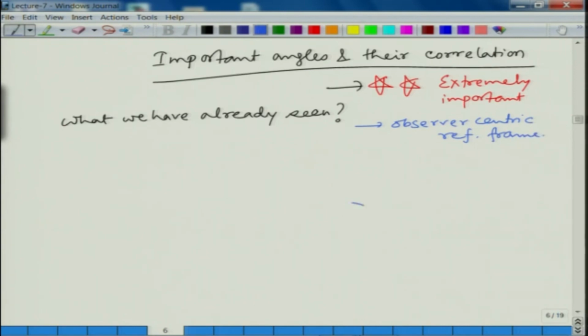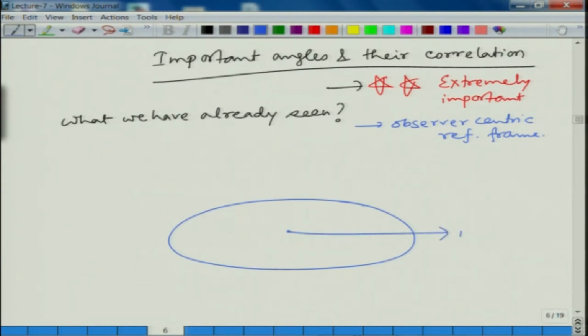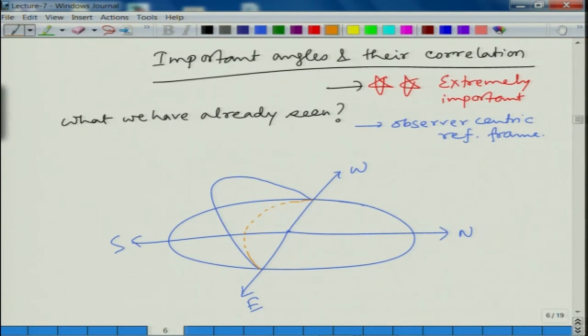We have seen that if the observer is standing in the middle of a flat ground and this is his north, south, east, west, the sun will be tracking a path somewhat like this, and the projection of this semicircle on the horizontal plane will be this.